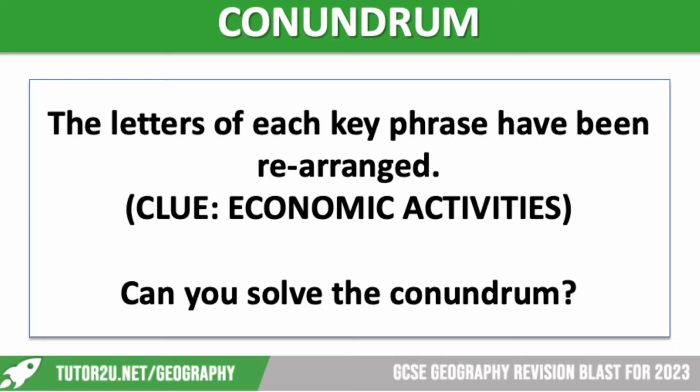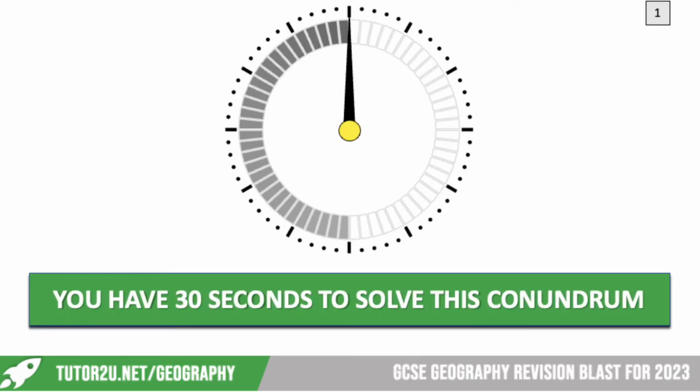We're now going to move on to a round of conundrums. So each letter of the key phrases has been rearranged, and the clue in this case is economic activities. So can you solve the conundrums? You will have 30 seconds for each one. Off you go.